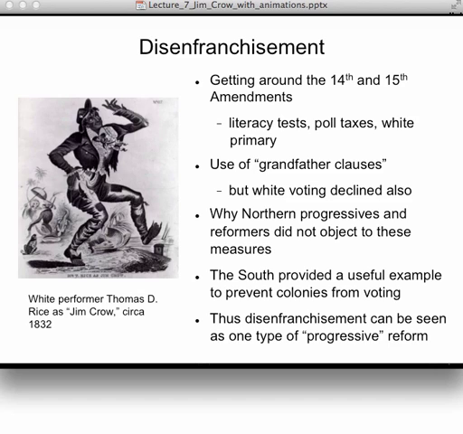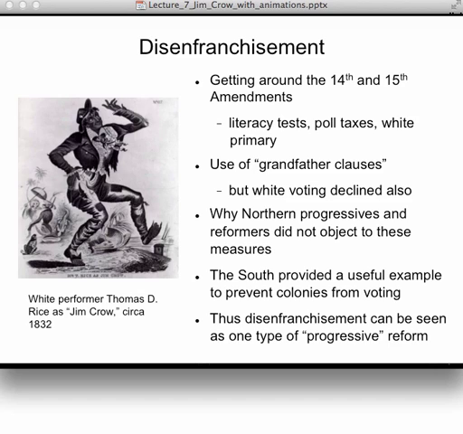Before we leave this slide, I just want to mention why these discriminatory laws were called Jim Crow laws. They were named after a white musician and entertainer from the 1830s whose name was Thomas D. Rice. And as you can see from the picture here on the left, Rice would put on black makeup and dress like an African American slave, and he would sing slave songs.